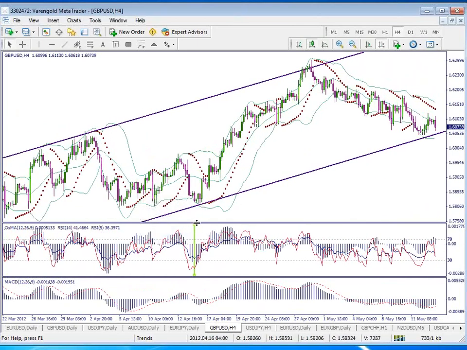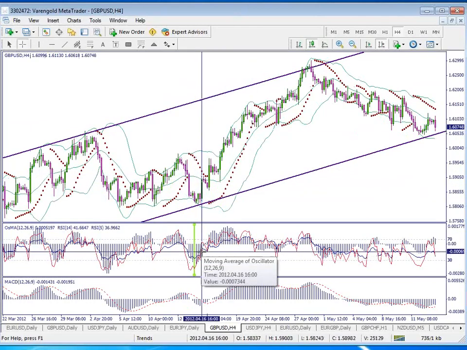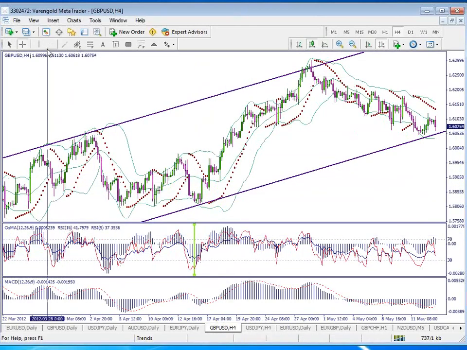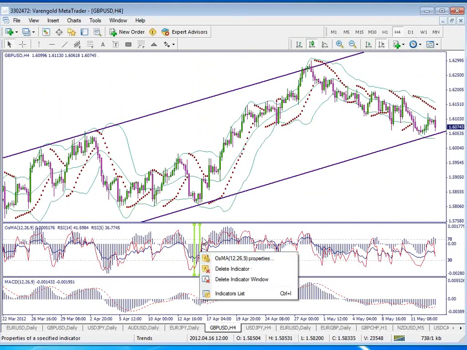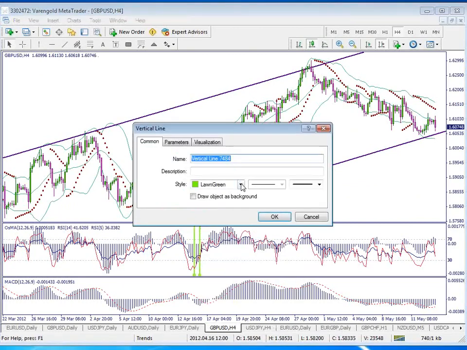Here, when I have already one channel, maybe those signals will be interesting for a buy. So here I have a signal on the 4-hour time frame. I will just mark them in another color.